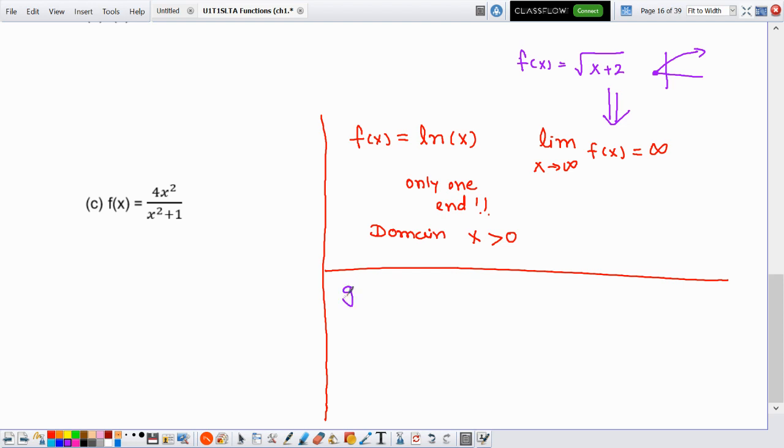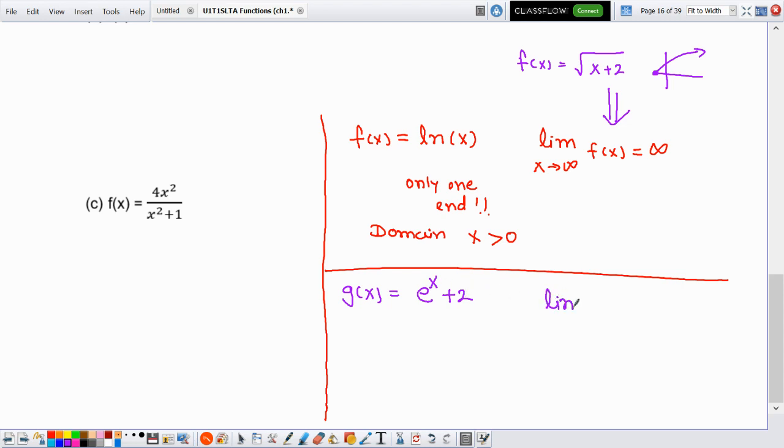Okay, so I'm using another function, an exponential function, e to the x, and let's say plus 2. What would be the end behavior? As x approaches a very, very large number, e to the infinity goes to infinity. And then you add 2, and infinity plus 2 doesn't make any big difference.